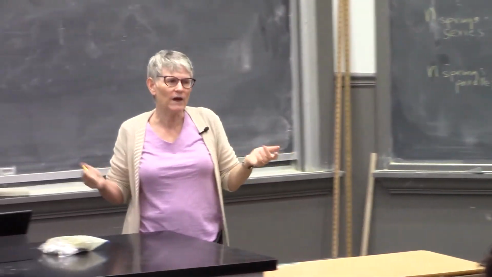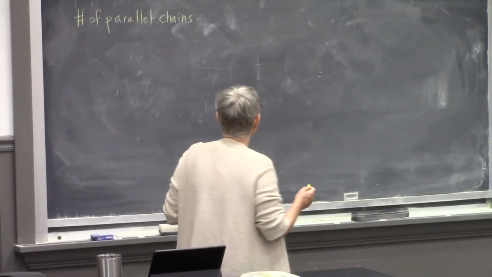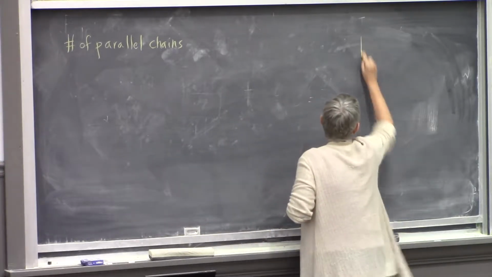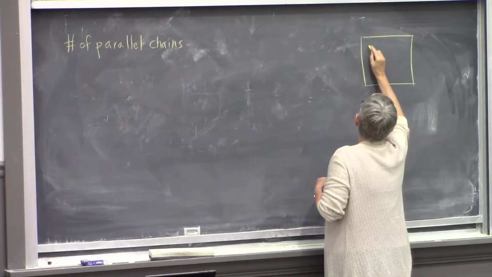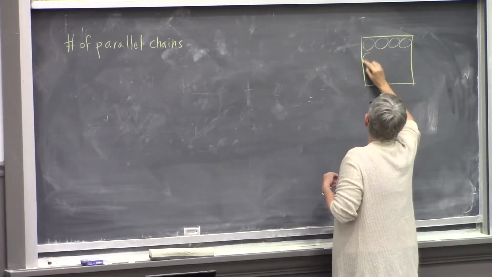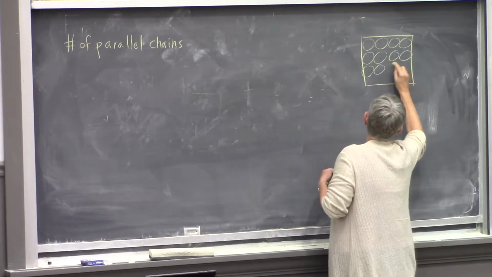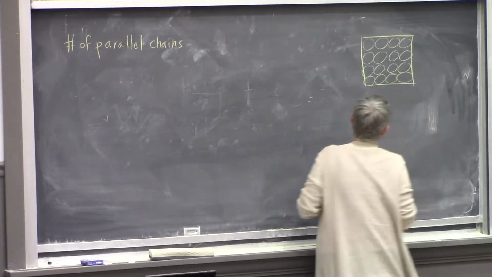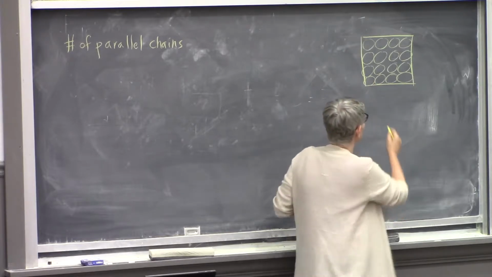Okay, well, we can't do that, but we do know the cross-sectional area of the wire. So here we're looking at the cross-sectional area of the wire, and here are all the atoms. So we know the cross-section of the wire.